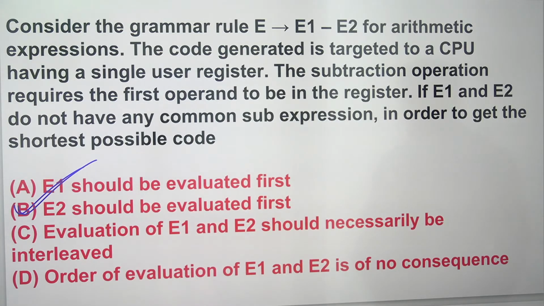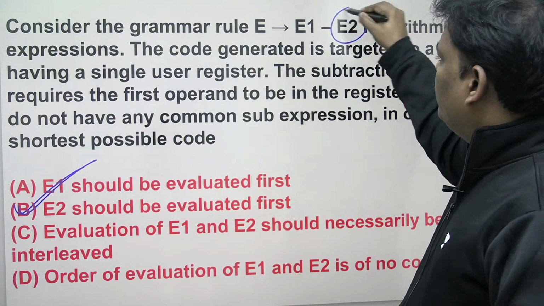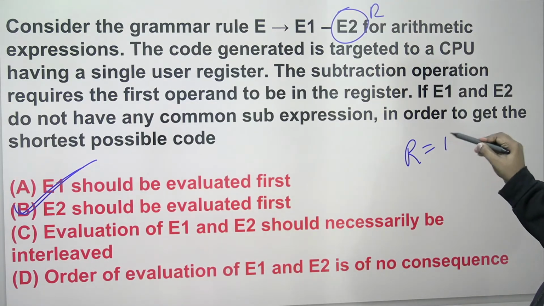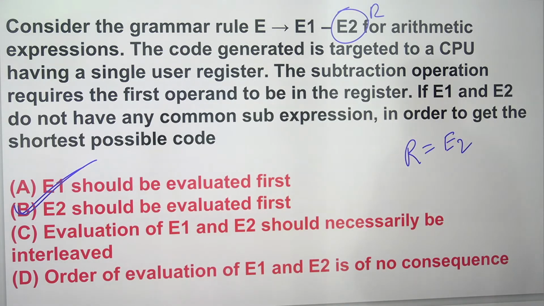If E1 and E2 do not have any common sub-expression, in order to get the shortest possible code, what you do is first do E2 in the register R. Afterwards, store it in temporary variable T1. Next, in the register R, do E1.